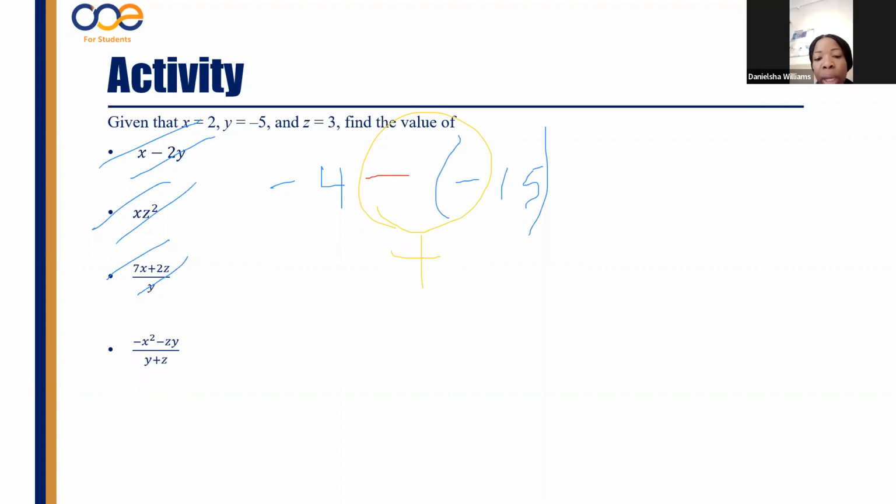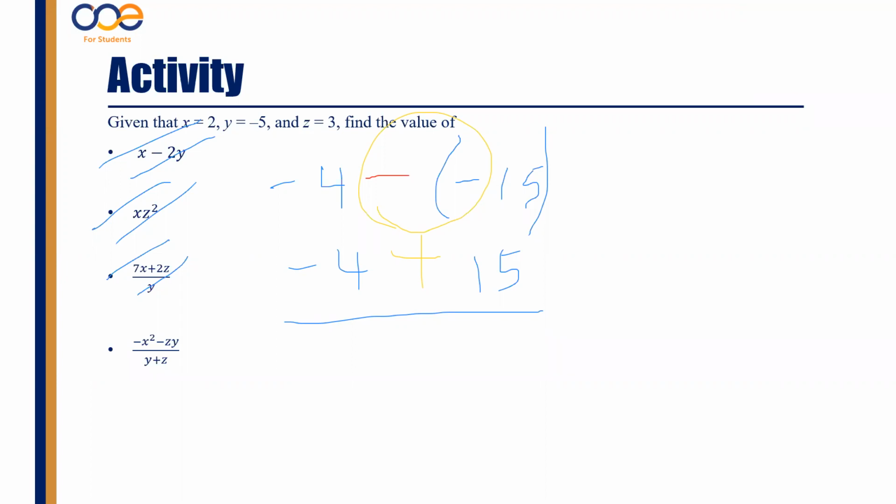So now we will have negative 4 plus 15, and that will be divided by what, Tori? So that's negative 5 plus 3. What is that answer? -2.